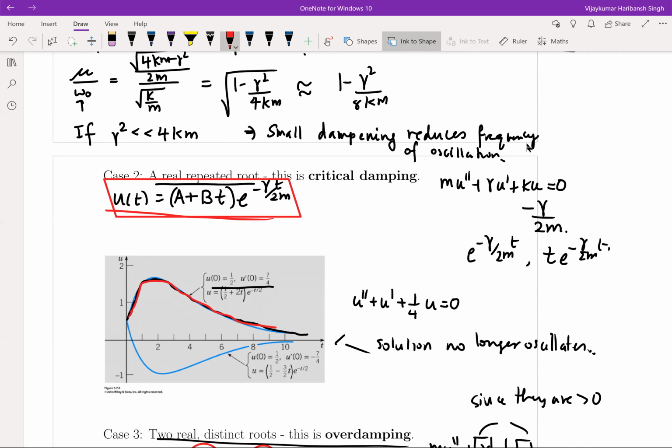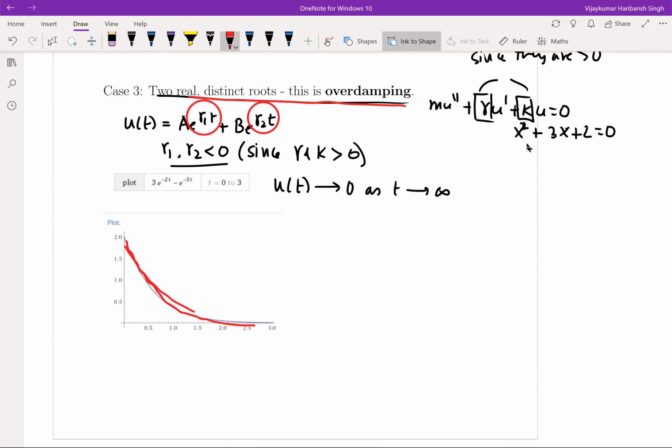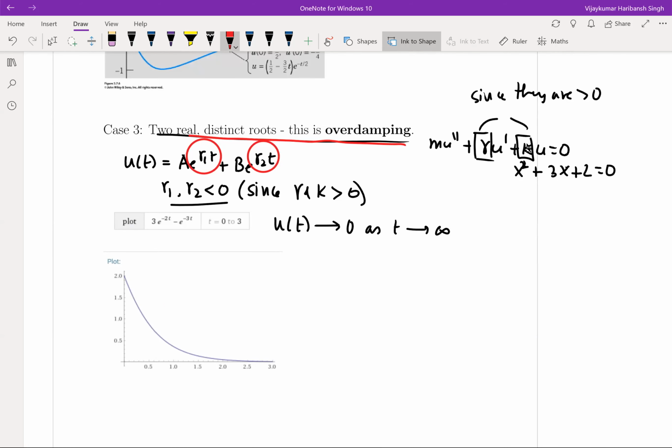So this is critical damping. And if there are two distinct real roots, then there's overdamping. The solution is just driven down to 0 right away. And again, the underlying idea is that both r1 and r2 are going to be less than 0 because of gamma and k.